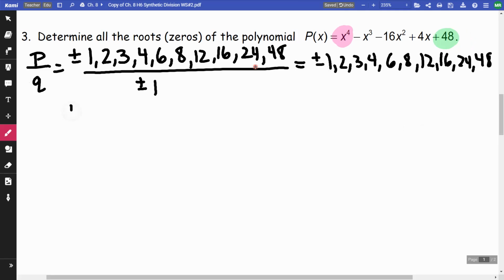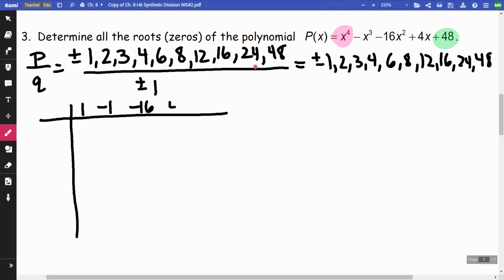Okay, so I'm going to do a table. 1, -1, -16, 4, and 48. So I'm 48 above.